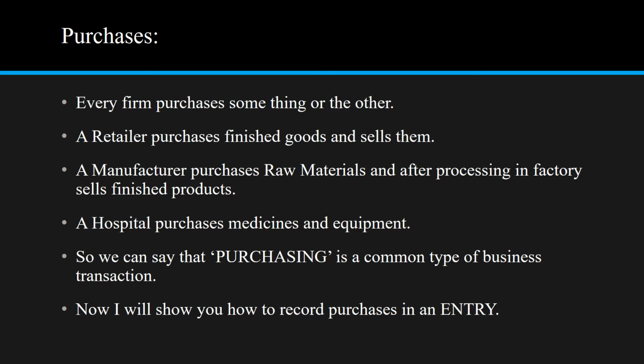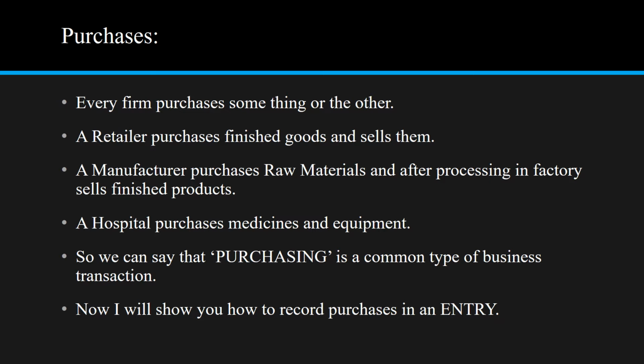Firms purchase items: a retailer purchases finished goods and sells them, a manufacturer purchases raw materials and after processing in a factory sells finished products, a hospital purchases medicines and equipment. So we can say now that purchasing is a common type of business transaction.